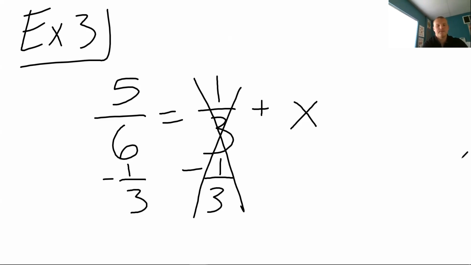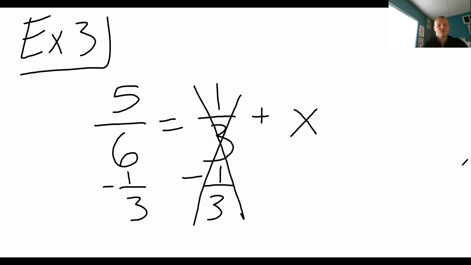So that's gone. And I'm going to need to turn 1/3 into 3/6. Let's see, where's my eraser? There it is. Not 3/6, 2/6. So all I did there was I multiplied both my numerator and denominator by 2.